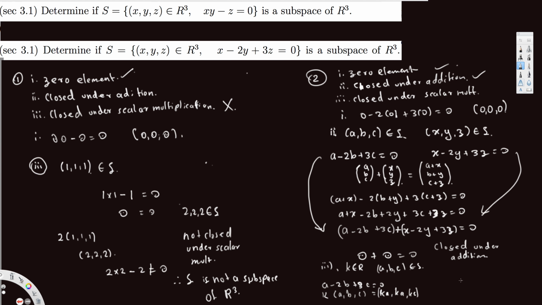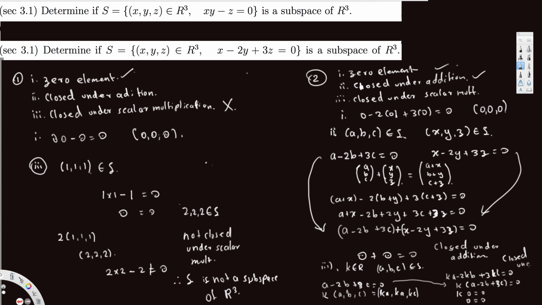So we should prove that ka minus 2kb plus 3kc equals 0. If I take k common, this will be k times (a minus 2b plus 3c), so k times 0 is 0. Closed under scalar multiplication.